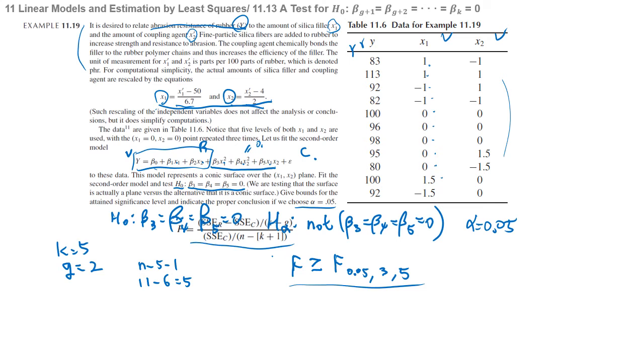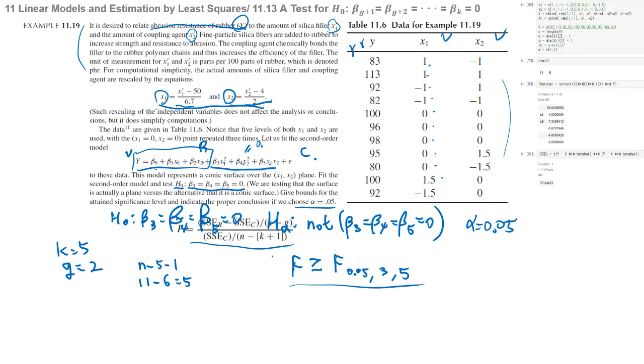After writing all these things, the next thing is to calculate using R. So using R, you put in the data sets. You can construct a data set like this, and you can calculate beta hat, and also you can calculate SSE complete. And for the reduced model, you can calculate beta hat reduced.